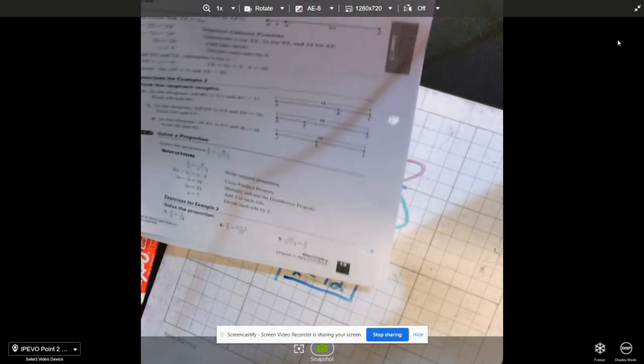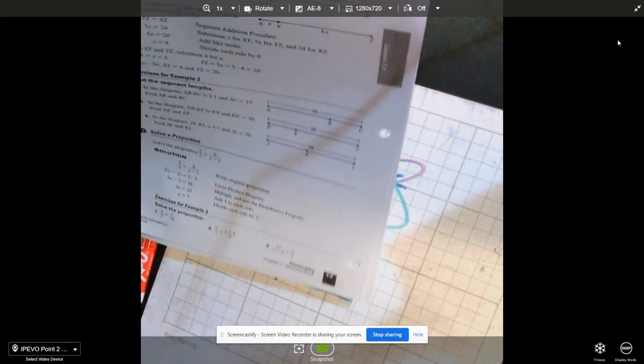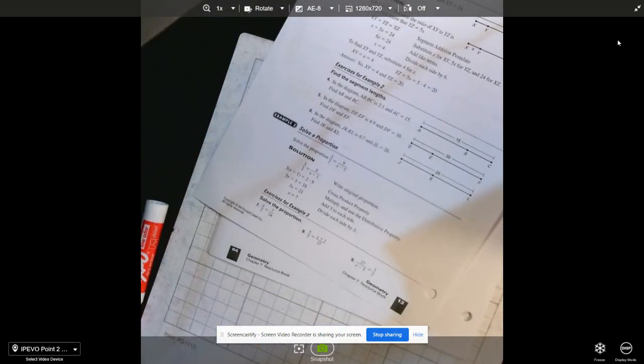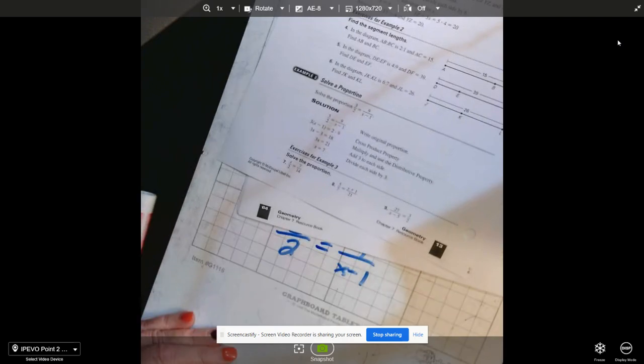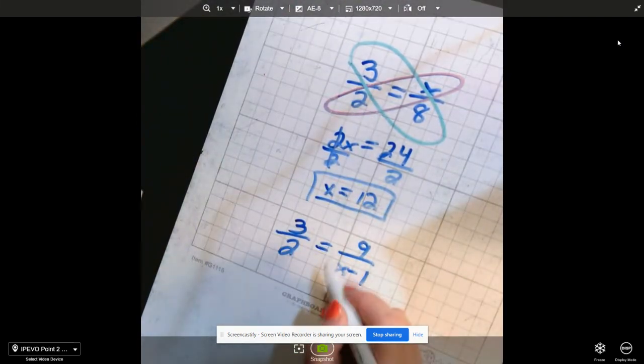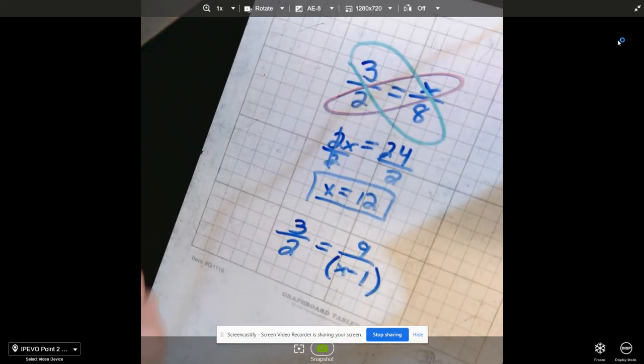There's one more proportion I want to do. They have an example down here, but I just want to walk you through it, where now they have the proportion a little bit harder. They have 3 over 2 equals 9 over x minus 1. Anytime you have more than one thing in the denominator, you really want to make sure you put it in parentheses before you cross multiply.